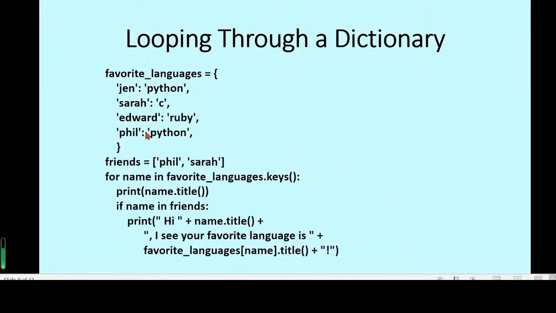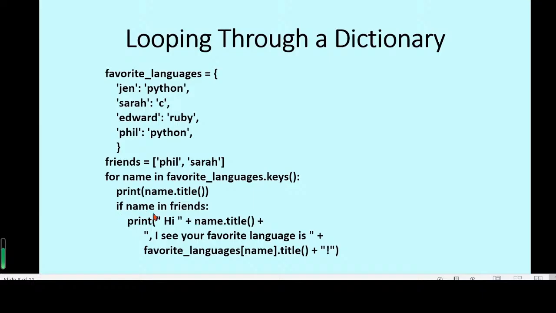So this is the code. We create the same dictionary as before. Then we have friends, a list of two of our friends. Then we write a for loop, for name in favorite_languages.keys(). This name represents each name in the dictionary. Then we print this name in title form first.